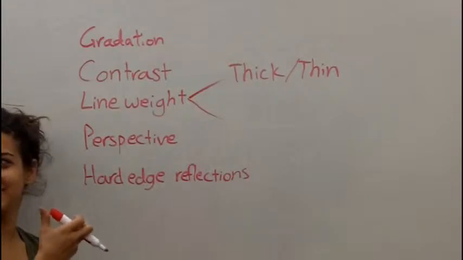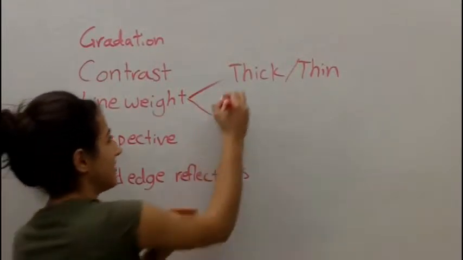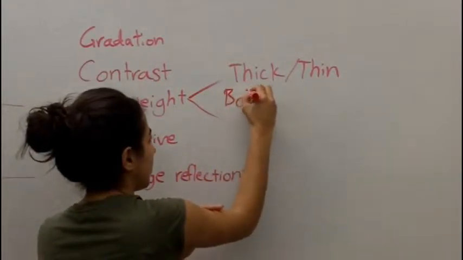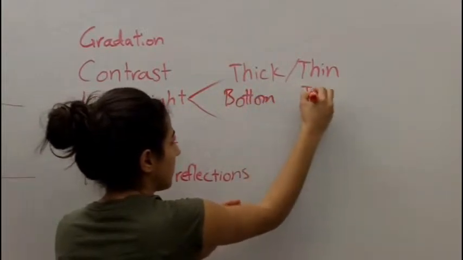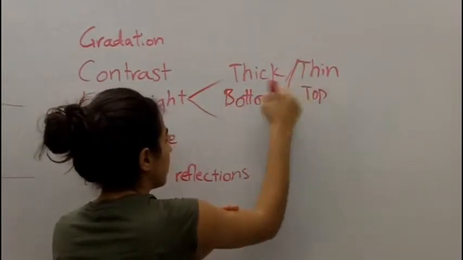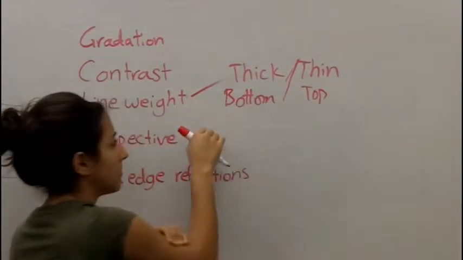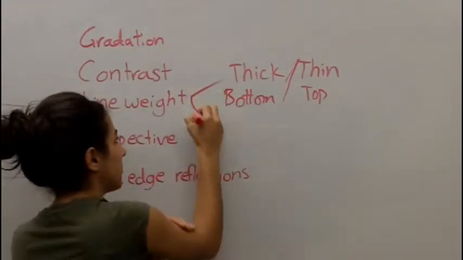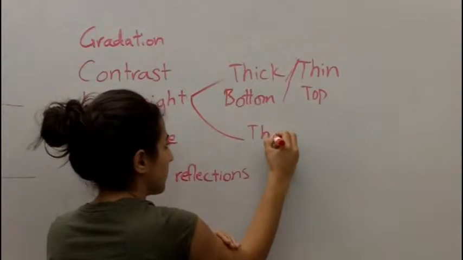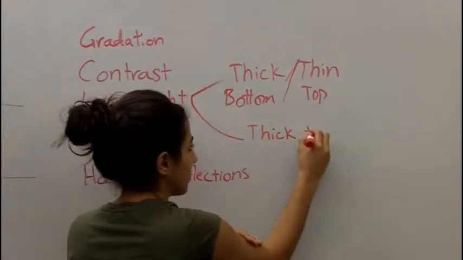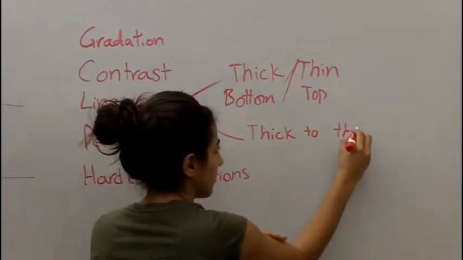It's thick on the bottom, thin on the top. And then thick to thin, close to far away. So it gets thinner as it goes further away.